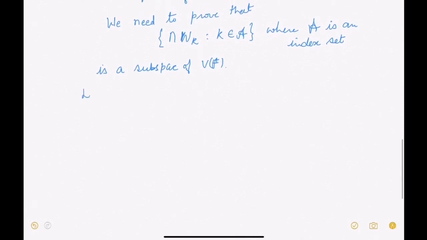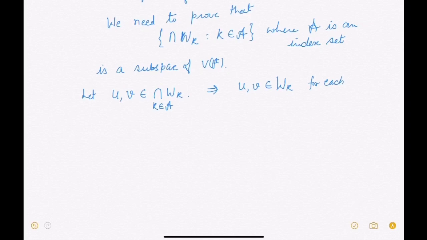Let any two elements u and v belong to the intersection of Wk, where k belongs to the set of indices. So this implies u and v belong to Wk for each k belonging to this.